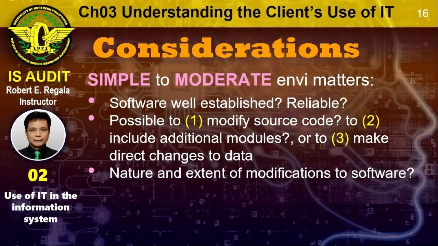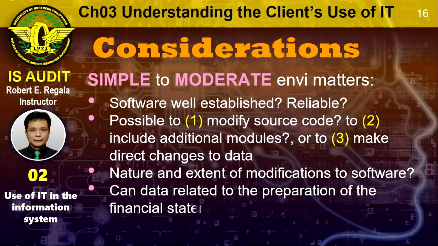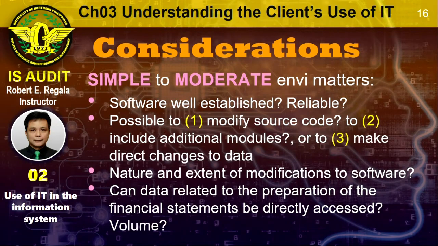However, the auditor may consider the extent to which the entity is able to configure the software when considering the completeness and accuracy of information provided by the software that is used as audit evidence, and the extent to which data related to the preparation of the financial statements can be directly accessed. That is, direct access to the database without using the IT application, and the volume of data that is processed.